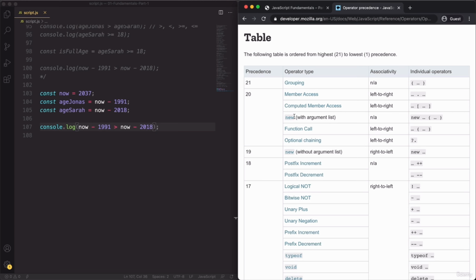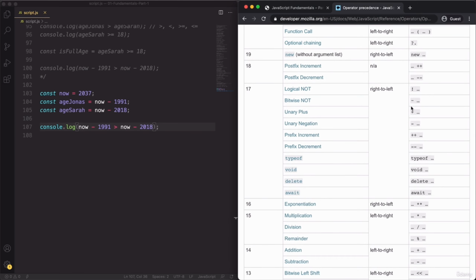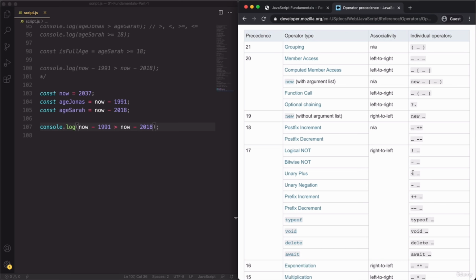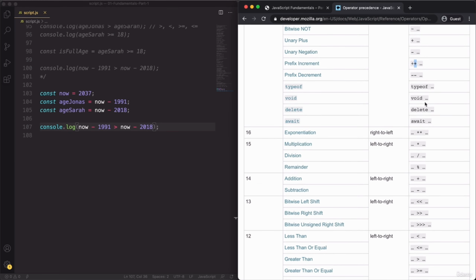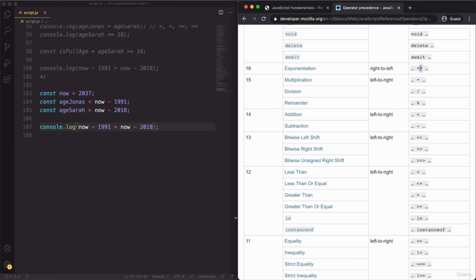Here we can see that grouping using parentheses has the highest precedence of 21. And then we have all the operators that we already saw. Here plus, minus, plus plus. They have a precedence of 17. Then we have a bunch of other stuff here that we don't know yet. But here is also typeof that we already do know. We have the exponentiation operator that I showed you.